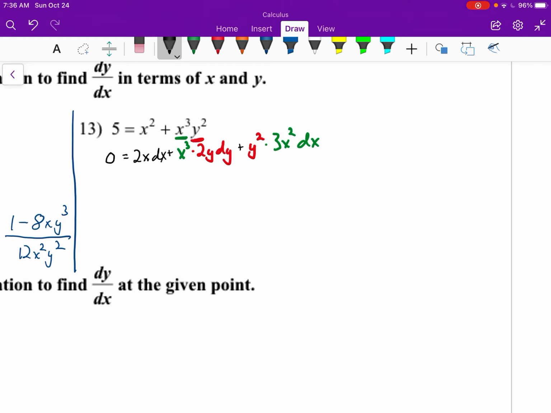So now we want to get all the dx's on one side and dy on the other side. So let's go ahead and subtract this middle term. That's the only one with a dy in it. So we'll subtract that from both sides. So that's 2x cubed y dy. Subtract 2x cubed y dy.